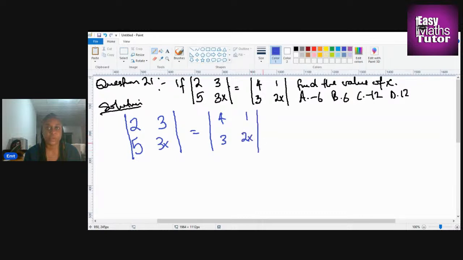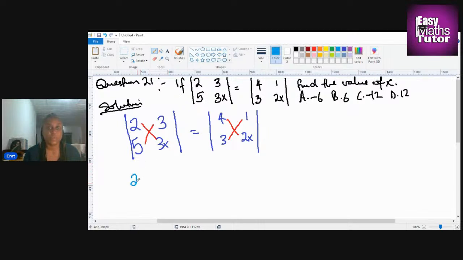This is a rather simple problem. Remember, to find the determinant of the matrix is to multiply this by this and subtract this by this.